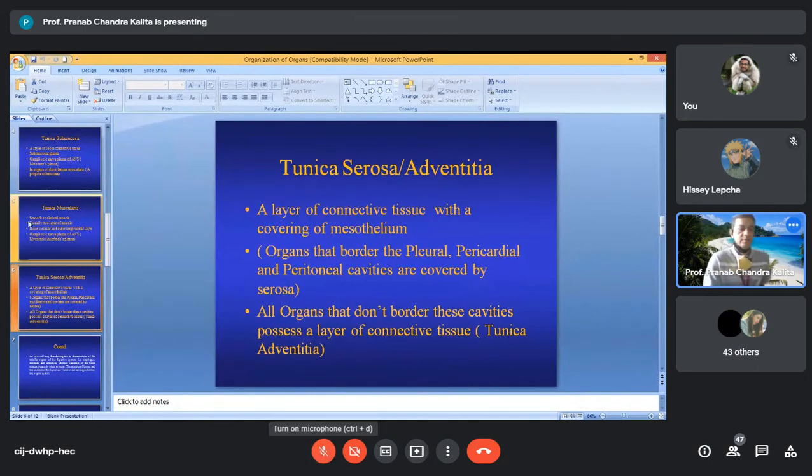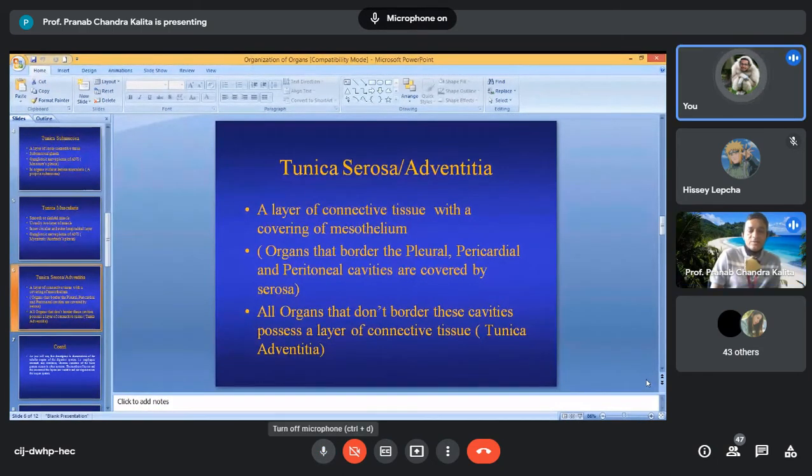Am I audible? So what is the name of the part of the esophagus located within the neck region?